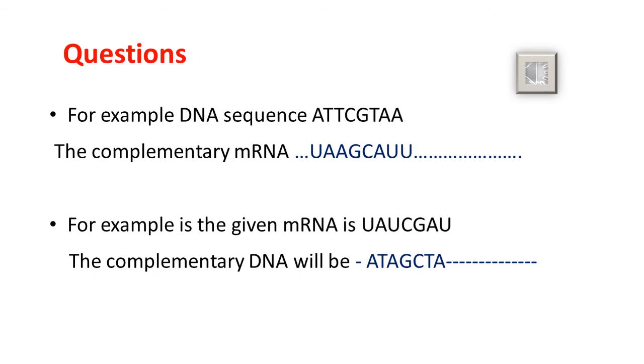Questions. For example, the DNA sequence A, T, T, C, G, T, A. What is the complementary mRNA here? To form mRNA from this DNA sequence, what are we going to write? Okay, A pairs with U because we are going to form mRNA, not DNA.